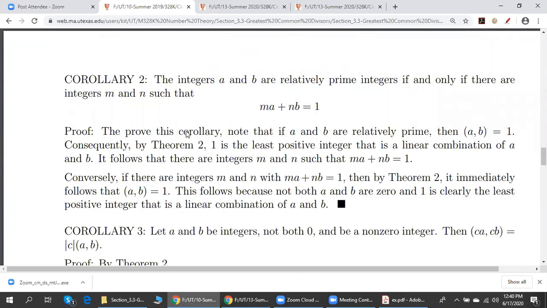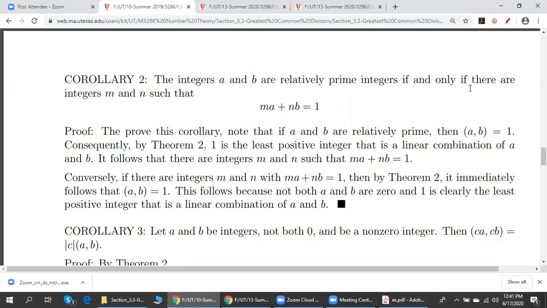Next, Corollary 2. The integers a and b are relatively prime if and only if there are integers m and n such that ma plus nb is equal to 1. First of all, since this is an if and only if statement, we have to prove it in two directions. Means the following.